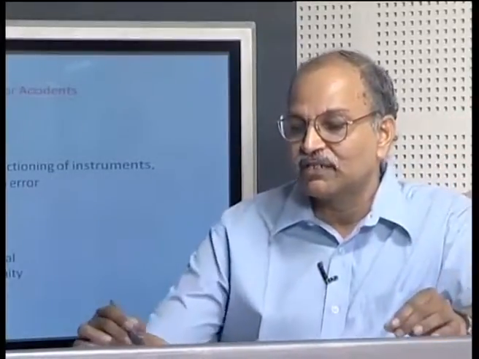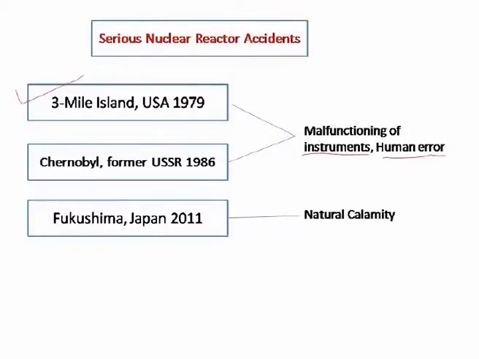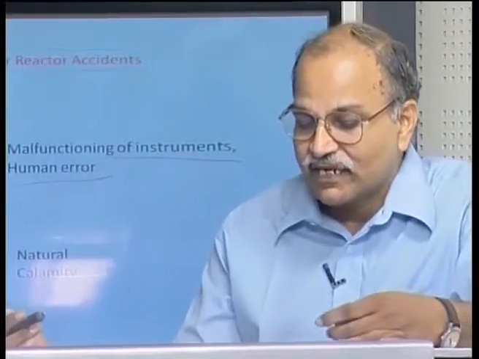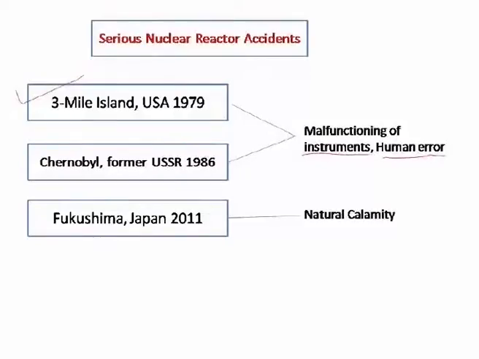So, both instrument malfunction and human error caused explosions and meltdown of the fuel. Then the worst is Chernobyl, former USSR, in 1986. There also it was essentially some malfunctioning and some human error, and this was the one in which there was some loss of life, and also health hazards, an increase in cancer cases and other things.